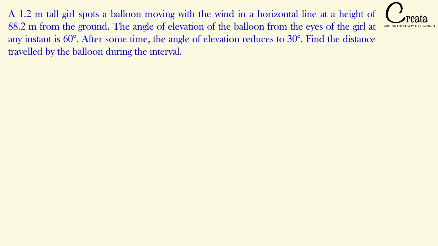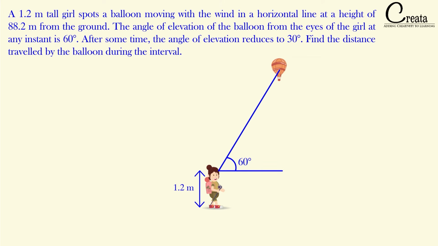Let's observe the question. In the question, a 1.2 meter tall girl is given and she is observing a balloon in the sky. A balloon is traveling in the sky and at a certain point she has observed the balloon. The angle of elevation found is 60 degree. Angle of elevation is the angle between the line of sight and the horizontal line.